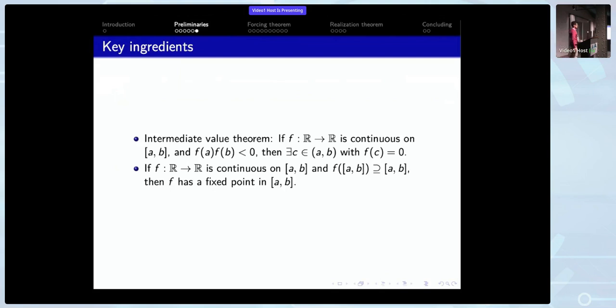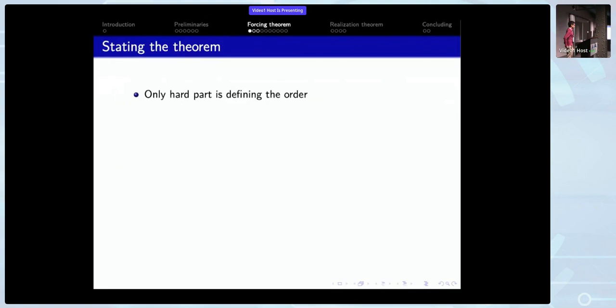So the intuition I want to give you for this is, suppose I have my interval here, a and b. I apply f, and these points are going to go in different directions. If they go in different directions, doesn't matter where, as long as they can't go in the same direction, they have to go in different directions, then there's a fixed point in that interval. That's what the fixed point lemma is saying. And these are the two things we'll need throughout, that's all we'll need. And the second one is an easy consequence of the first.